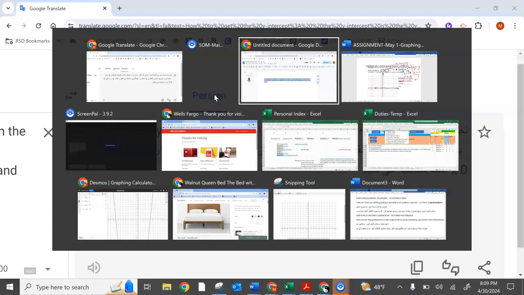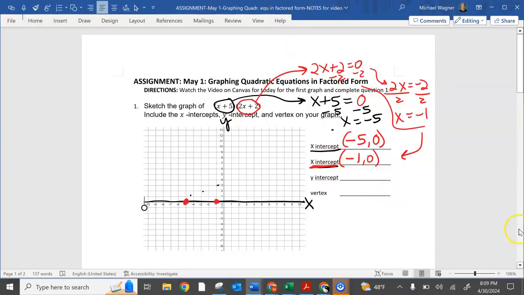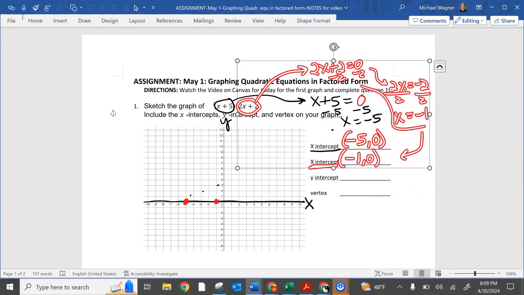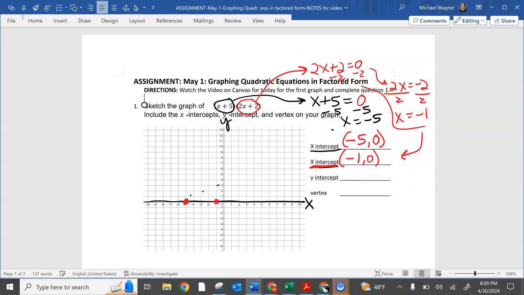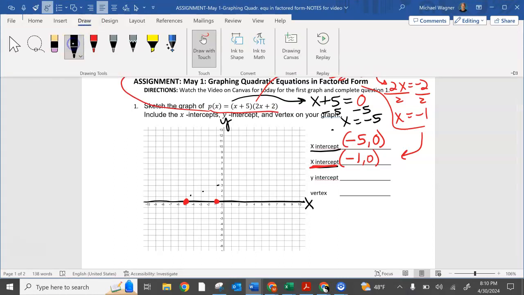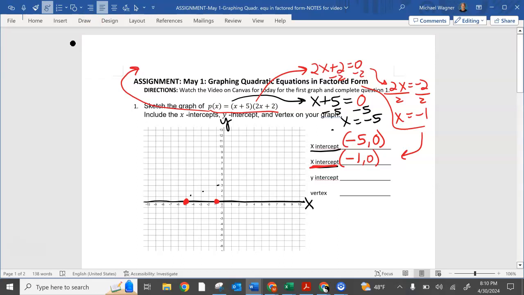Okay, so let's go back. So again, now we get the equation, right? I'm going to take this right here and put it up here, and draw. I'm going to write x plus 5 times 2x plus 2.